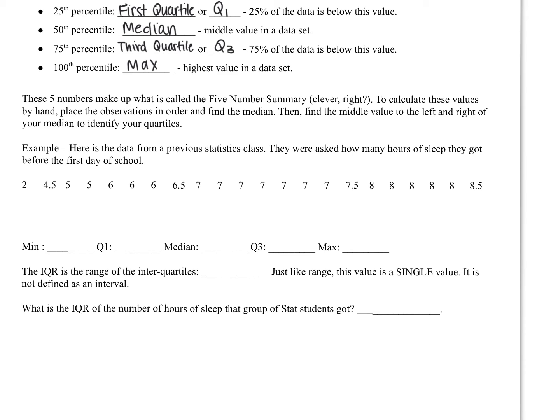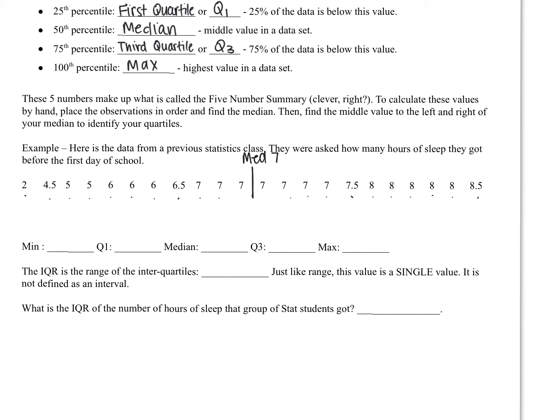And instead of crossing them off, because I'm going to need them again, I'm going to place dots so I know when I've used them. Because I'm left with 2 7s in the middle, I have to split it up, and my median is still going to be 7.